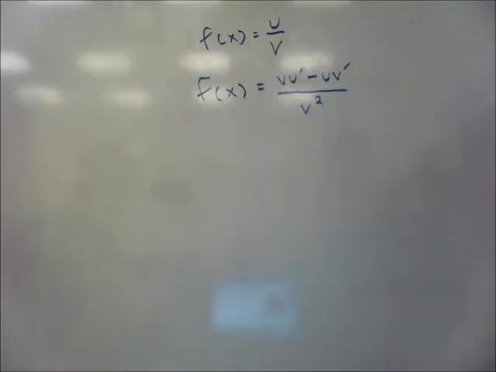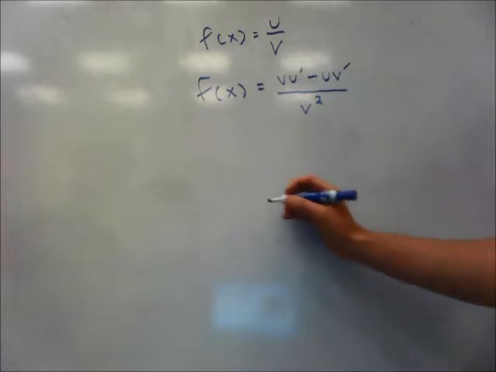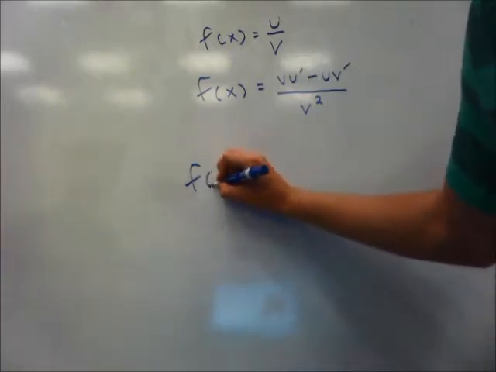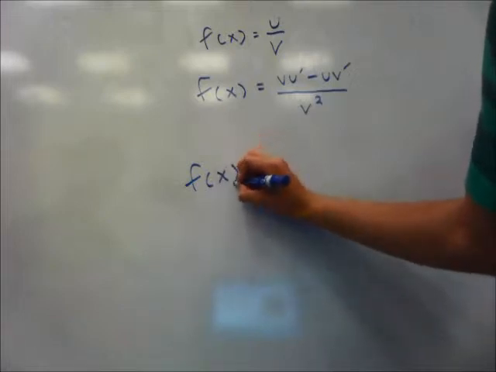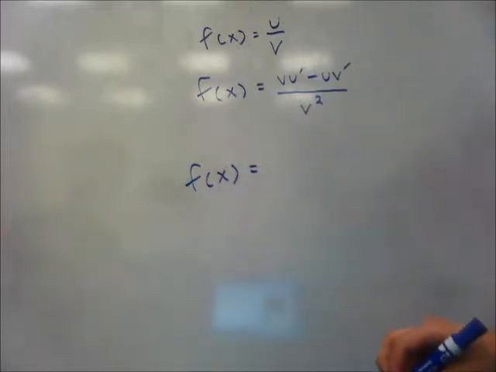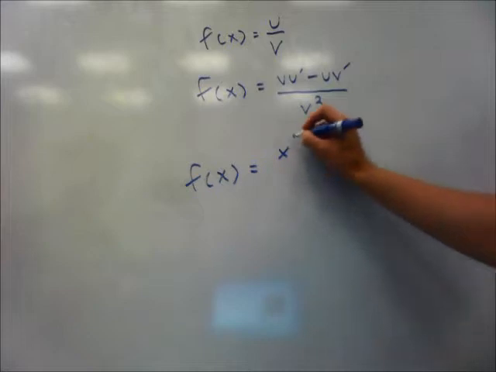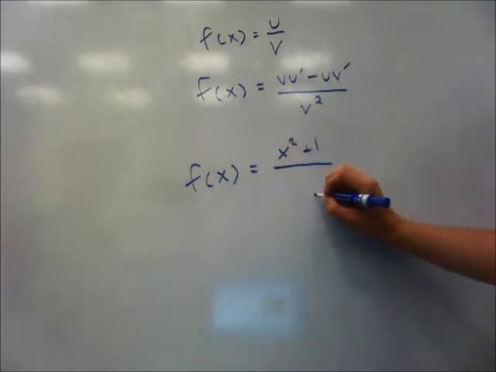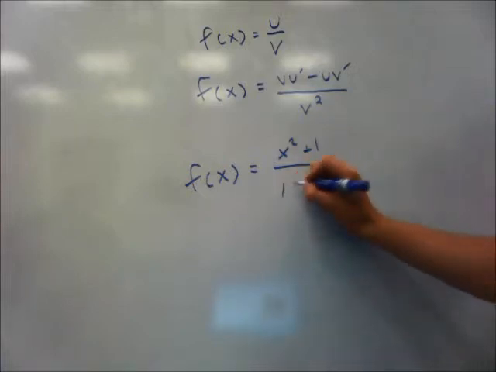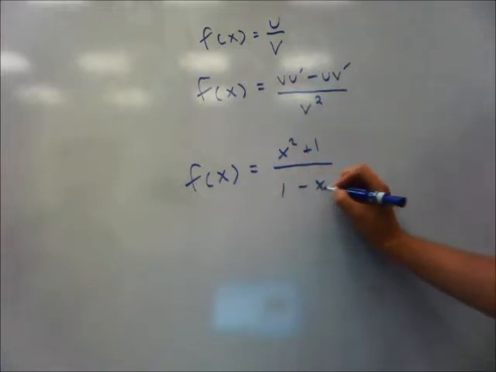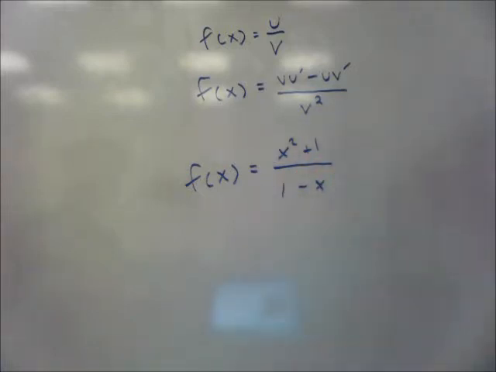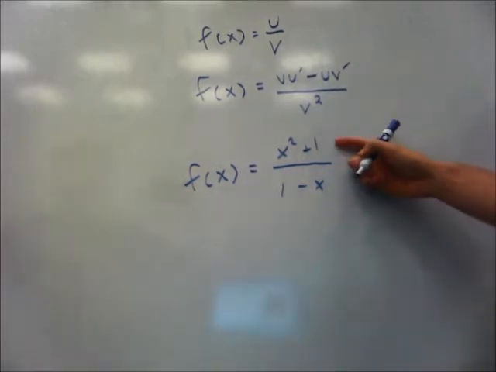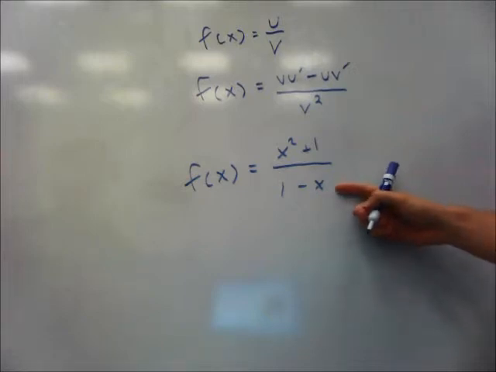So let's go ahead and do an example. Let's say your f of x is x squared plus 1 over 1 minus x. So how we're going to start is we take the low derivative of the high minus high derivative of the low over low squared.